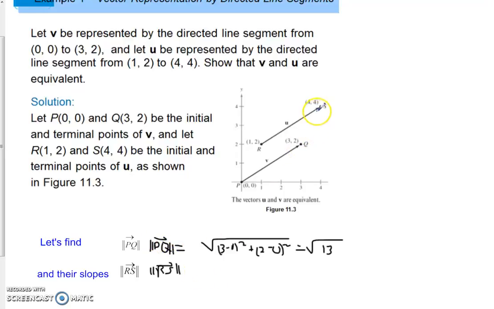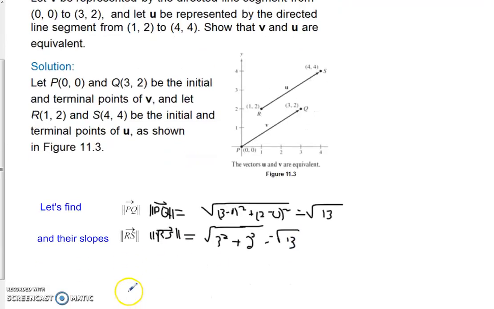It is equal to the square root of, well, 4 minus 1, which we know is 3, so that distance squared, plus 2 squared, which is the distance on the y. That is also the square root of 13. Okay, so that looks reasonable.